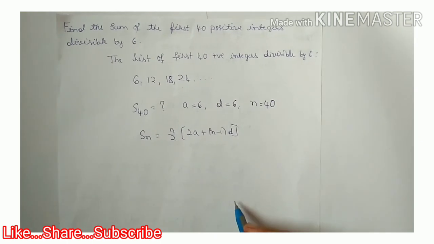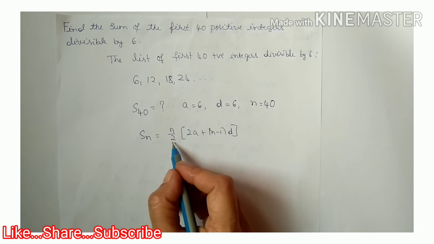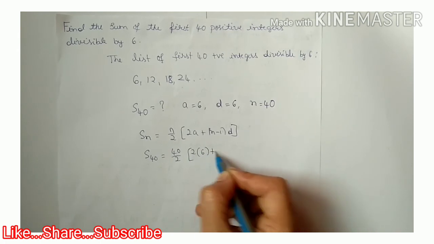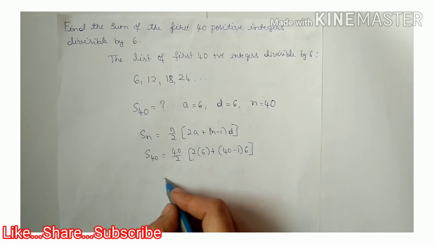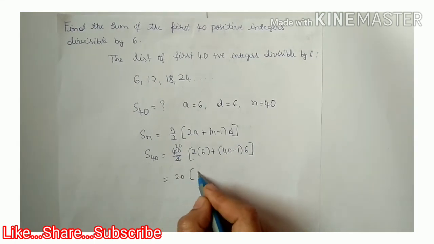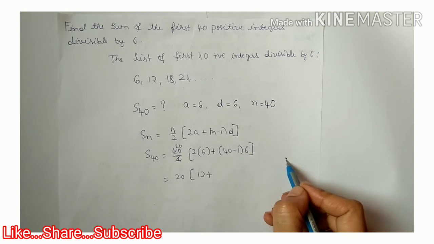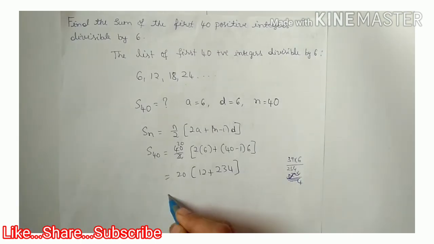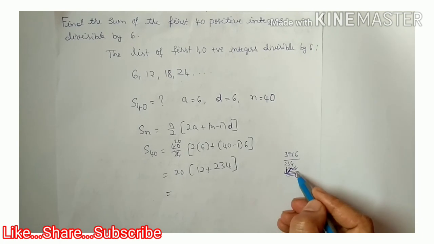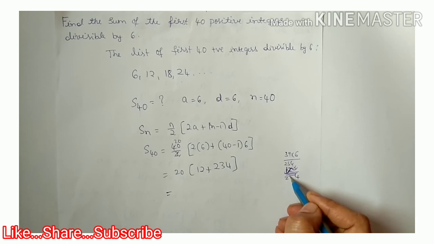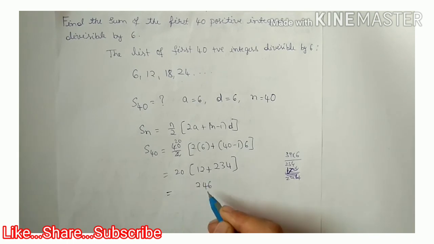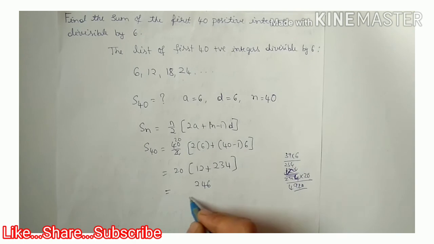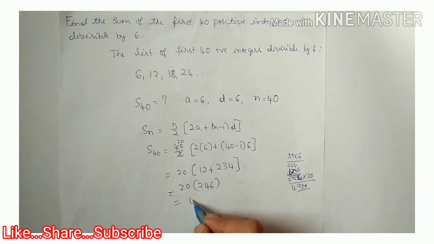S40 is equal to 40 by 2 into (2 into 6 plus (40 minus 1) into d, 6), so 20 into (12 plus 39 into 6). 39 sixes are 234, plus 12 is 246. 246 into 20 is 4920.